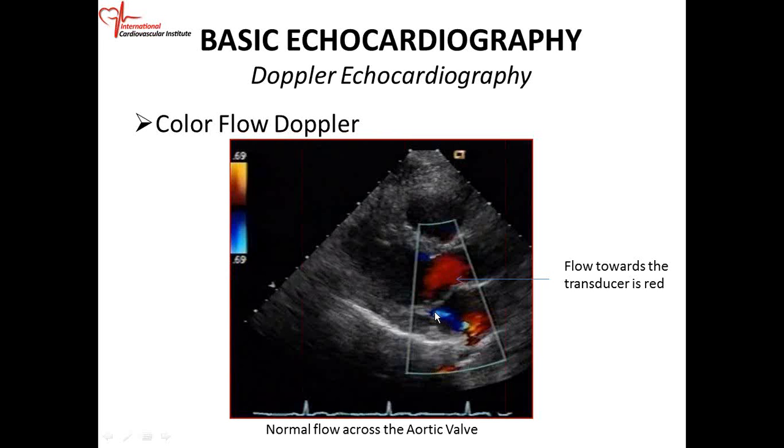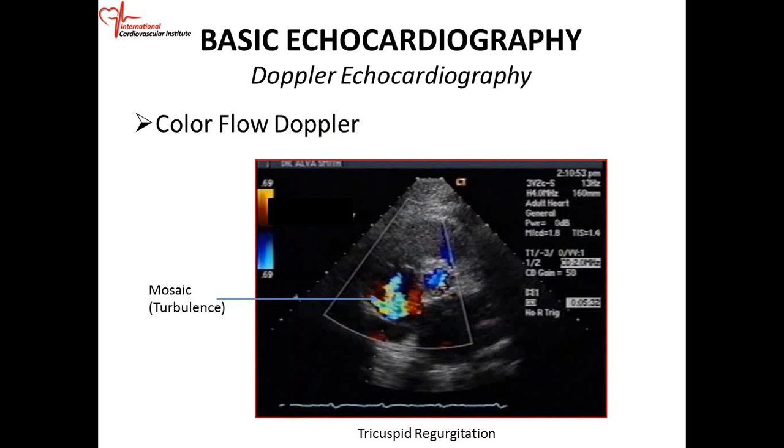In this case, this is mitral regurgitation. Blood is moving from the left ventricle across the mitral valve into the left atrium. It's actually moving away from the transducer, which is there. So it looks sort of blue, but if you look closely, it's a mosaic. It's because of turbulence, a mixture of the colors.